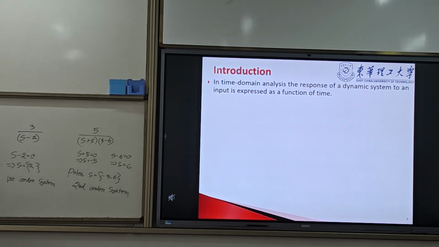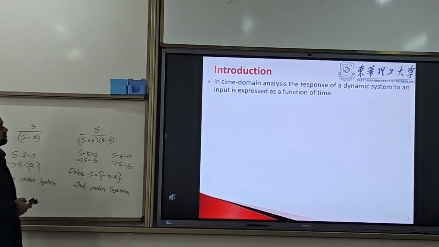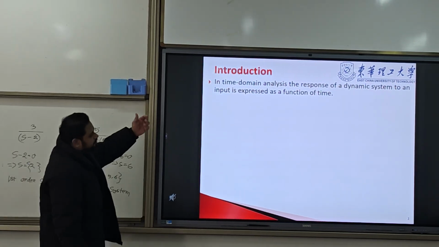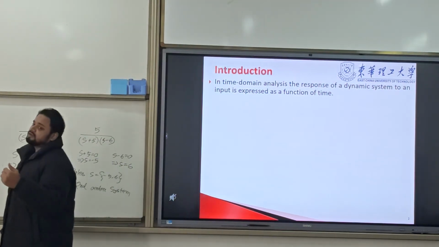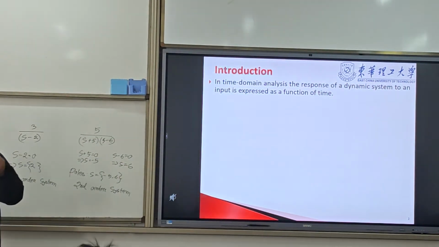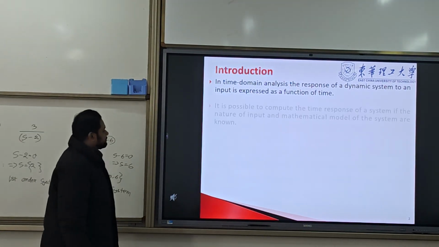The ratio of output by input is what we call the transfer function we need to find out. In time domain, we are going to the impulse response. So time domain analysis is the response of a dynamic system if the input is given in terms of time.